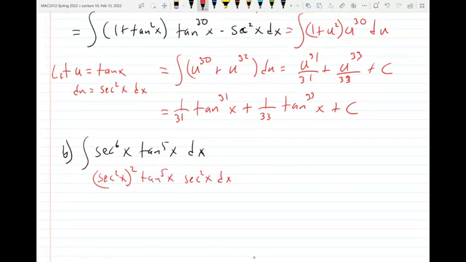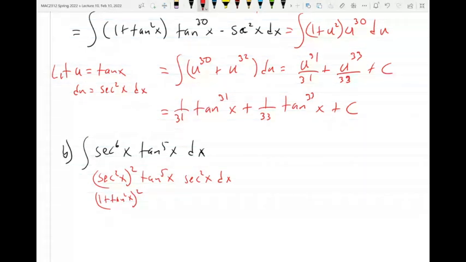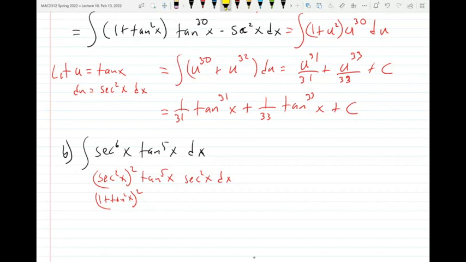And then what do we do with the secant square? So 1 plus tangent squared, right? And now u sub time. U equals tangent, and then this is our du, right? So u equals tangent, and this guy right here is a du. And then you do a polynomial.